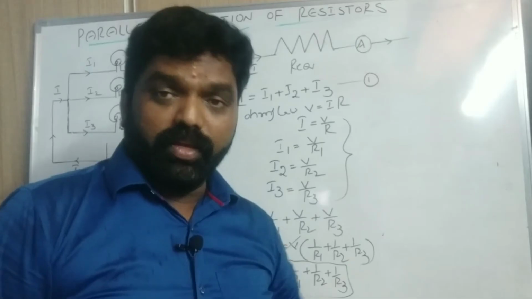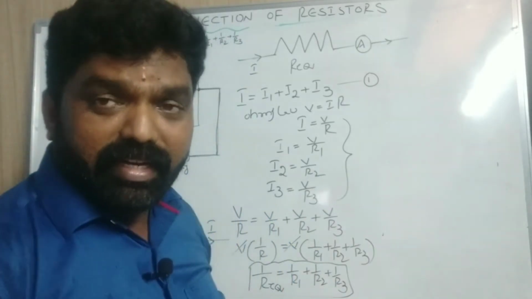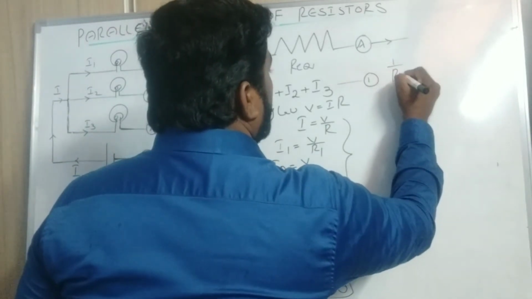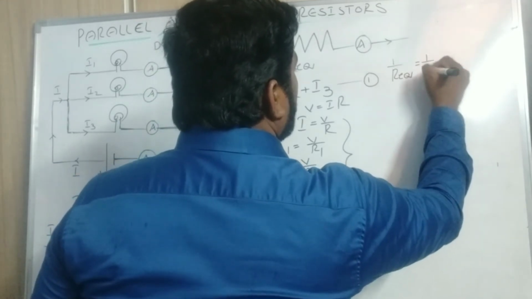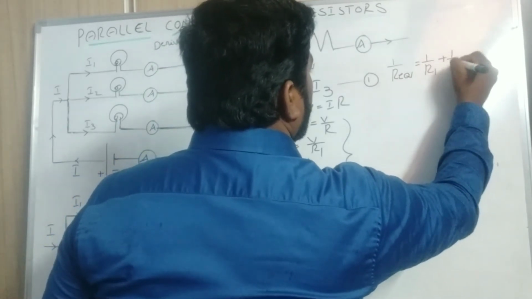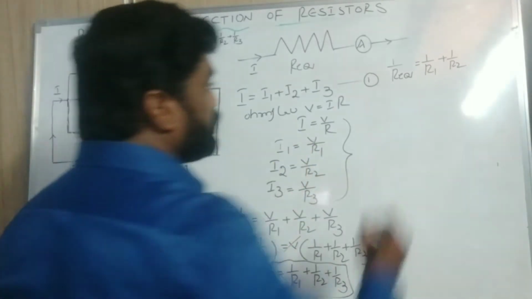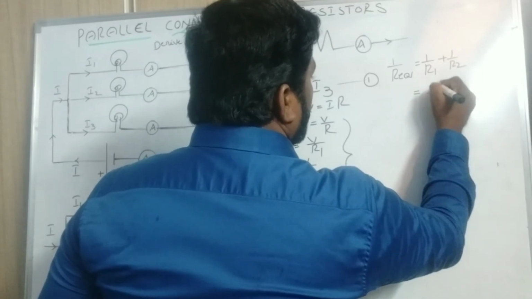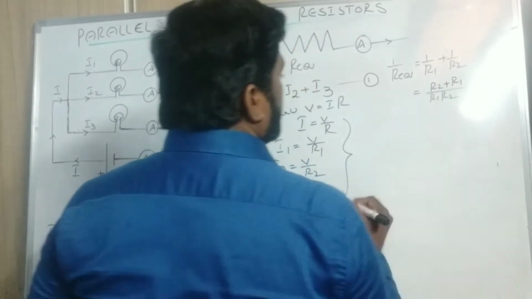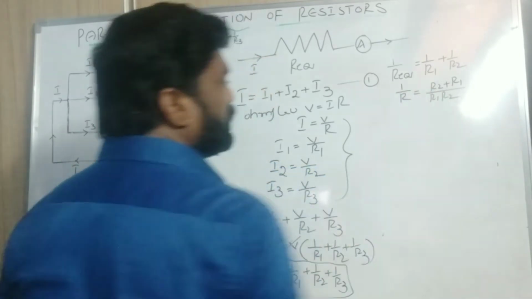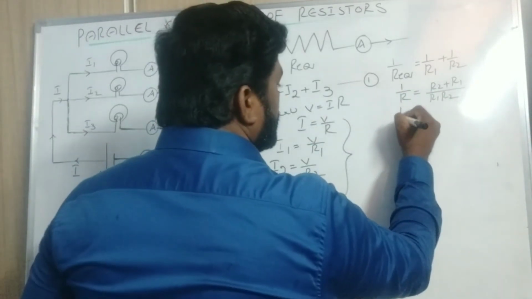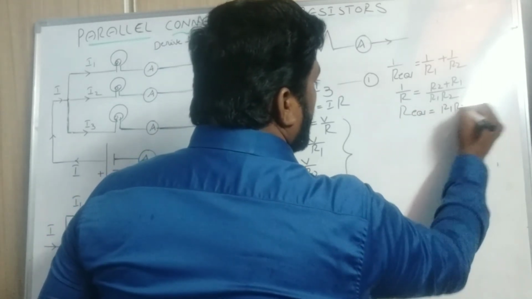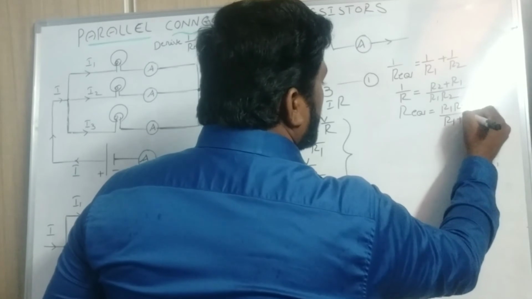Right? If two resistors are connected in parallel, then 1 by REQ equals 1 by R1 plus 1 by R2. Taking the LCM, it is written as (R2 plus R1) by R1 R2. This is 1 by REQ. Then the equivalent resistance REQ equals R1 R2 by R1 plus R2.